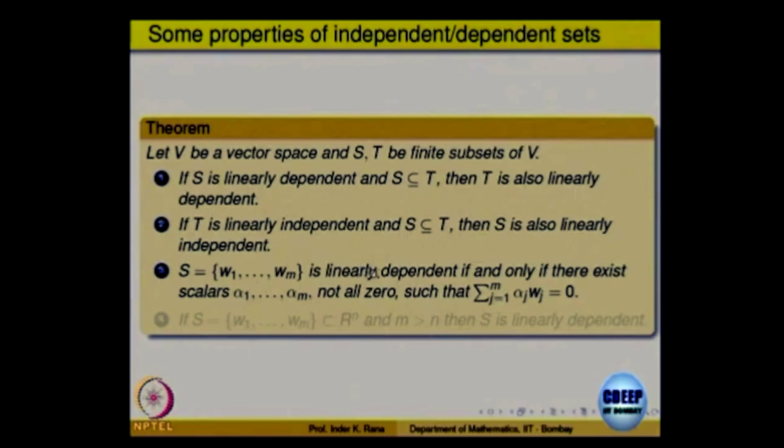Another way of saying linear dependence is, a set is linearly dependent if and only if, that is a definition actually of linear dependence, at least one element of S is a linear combination of the remaining ones.